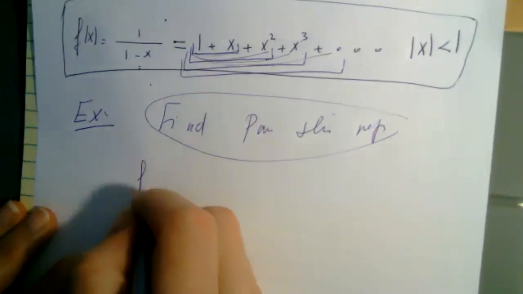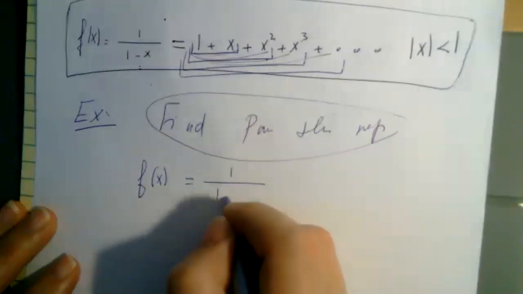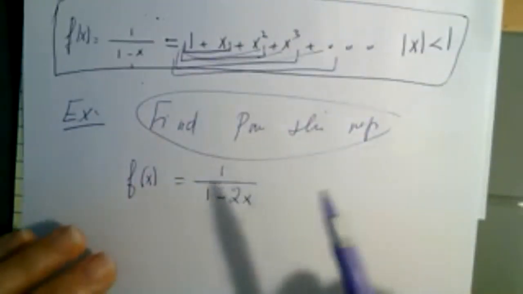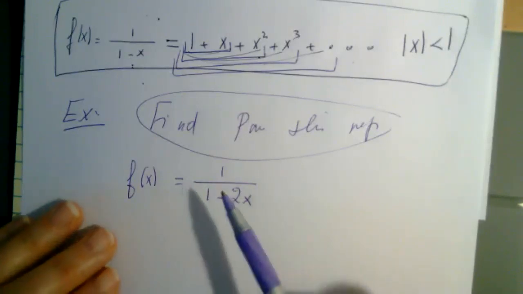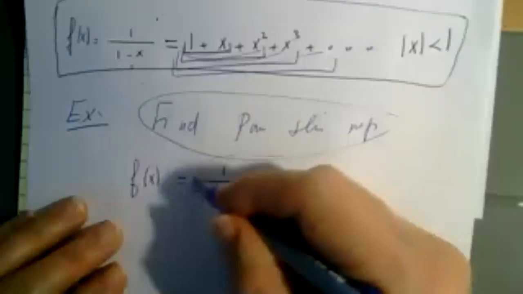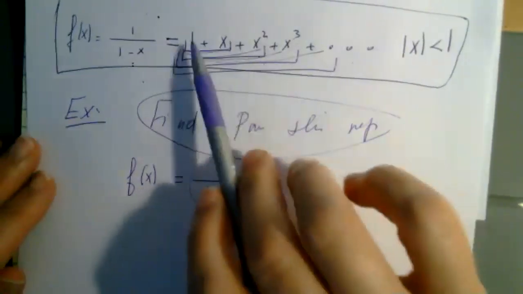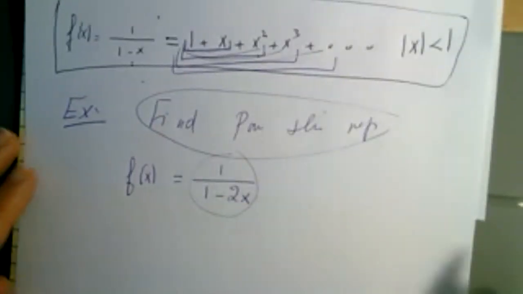I have my function f of x equal 1 over 1 minus 2x. It means I want to write this new function as a power series, meaning approximated by polynomials.